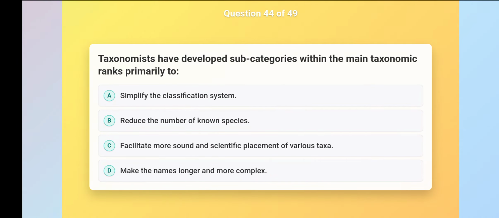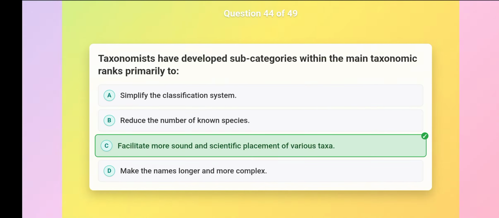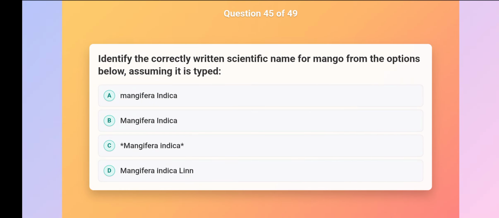Taxonomists have developed subcategories within the main taxonomic ranks primarily to facilitate more sound and scientific placement of various taxa. Identify the correctly written scientific name for mango from the options below, assuming it is typed. Mangifera indica.